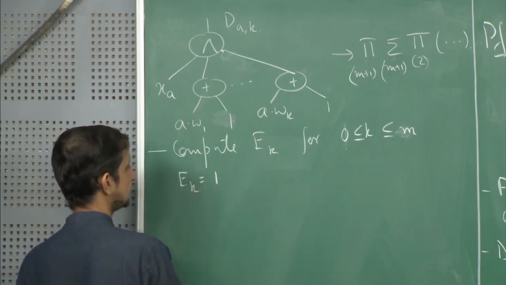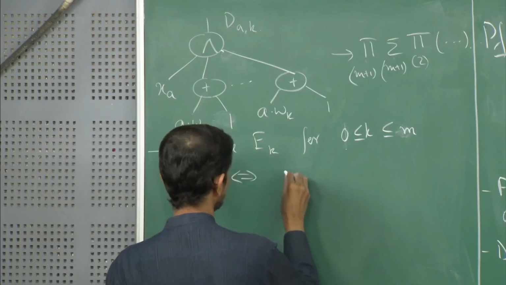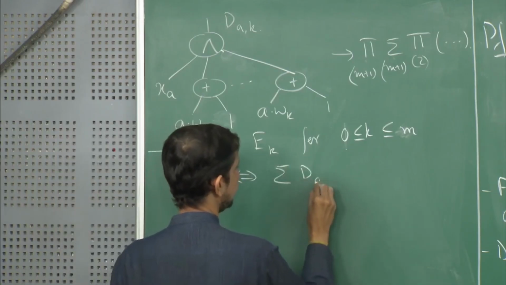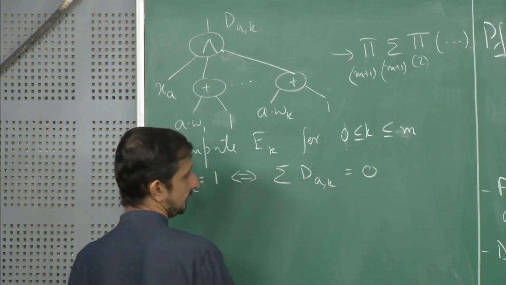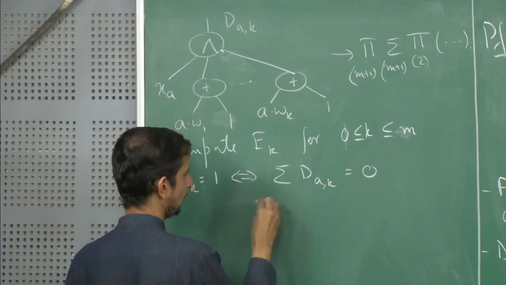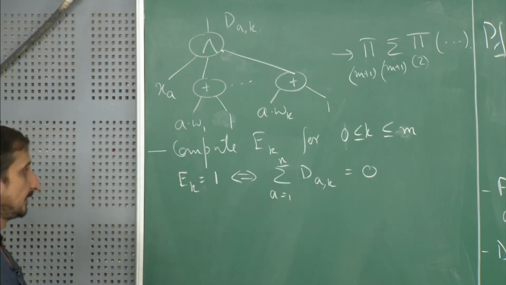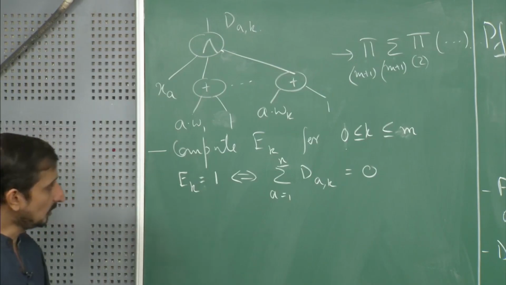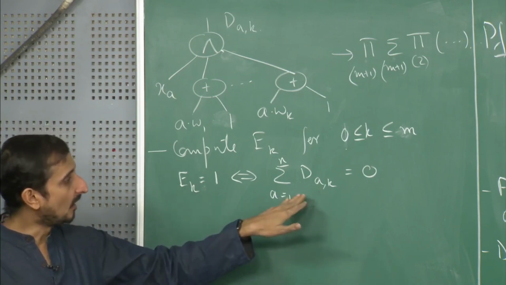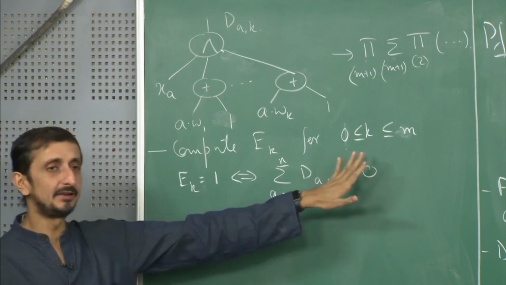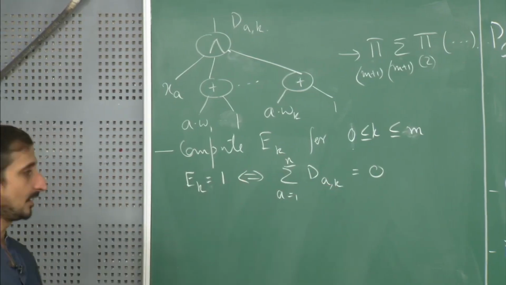EK is equal to 1 if and only if the sum of DAK is equal to 0 for A going from 1 up to n. So look at all the A's. For all possible A's, I will look at the parity of how many of those are evaluating to 1. And if that parity is even, then I will set EK to be 1, otherwise 0.